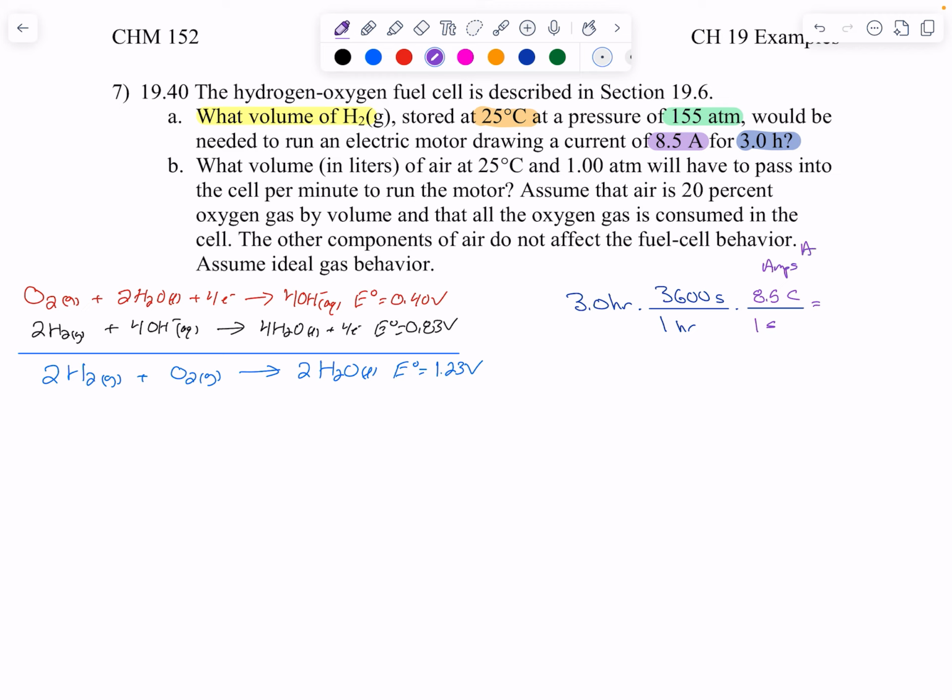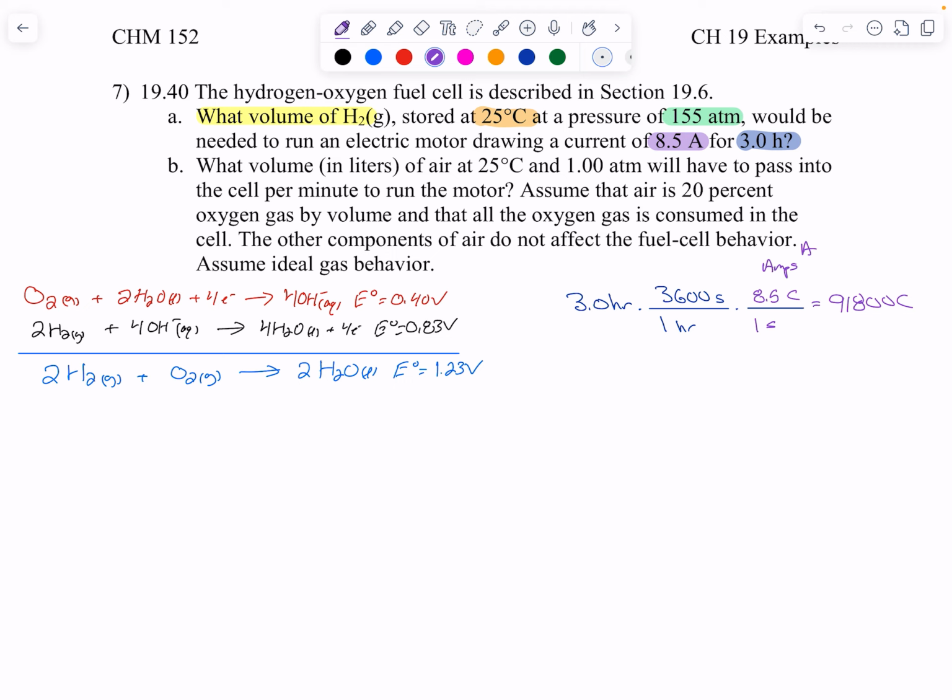So our total charge would be 3 times 3,600 times 8.5, which is 91,800. So 91,800 coulombs.